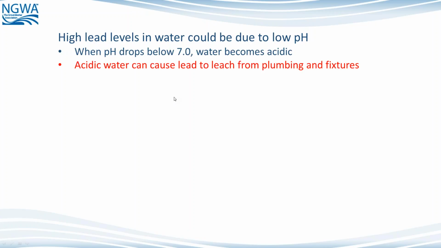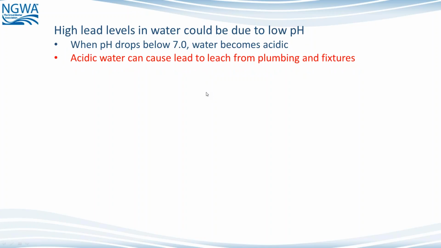The acidic water is extremely corrosive in that it will try to dissolve anything with which it comes into contact. And this is what we call leaching of the solid lead, dissolving it and forming lead ion, which is the dangerous contaminant.